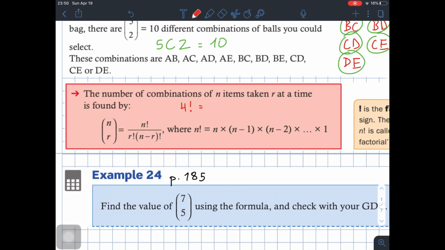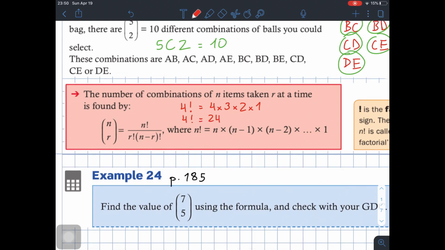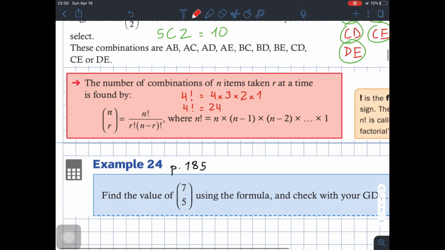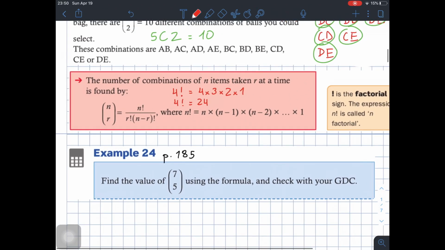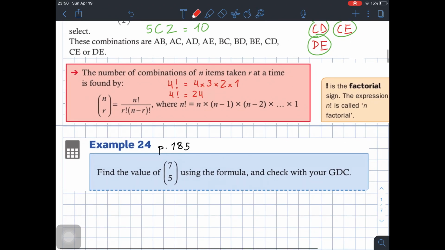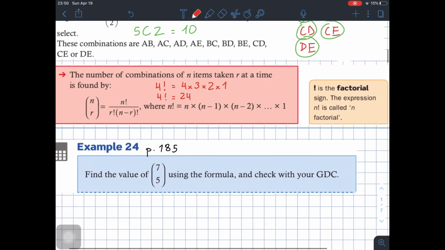The factorial is basically multiplying starting from this number and then going back, okay? 4, 3, 2, and 1, okay? So this multiplication is equal to 4 factorial. This is 12 times 2, 24. So 4 factorial equals 24 in this case, okay? We're going to see many examples of this for you to understand this.